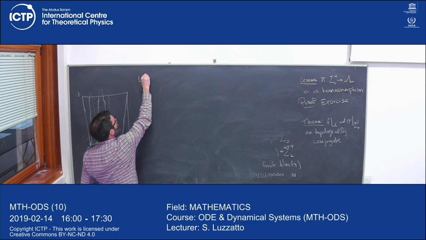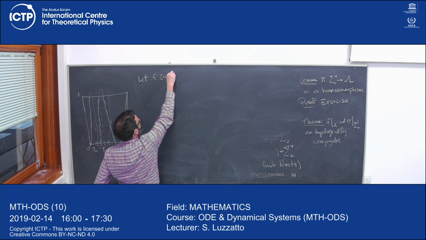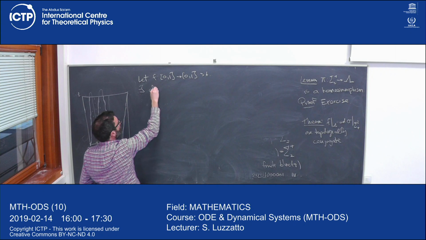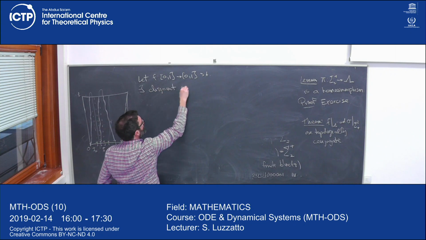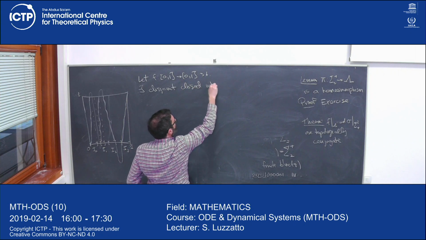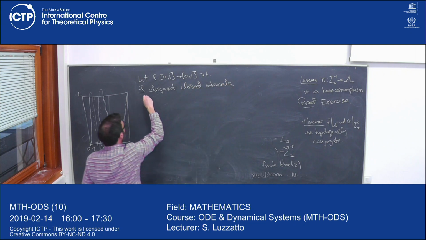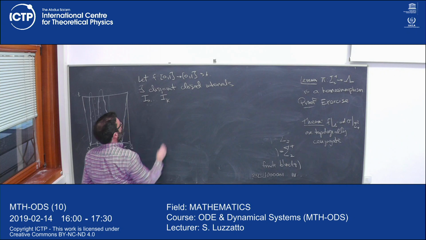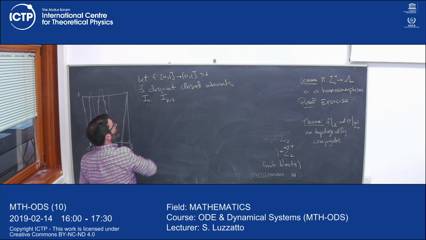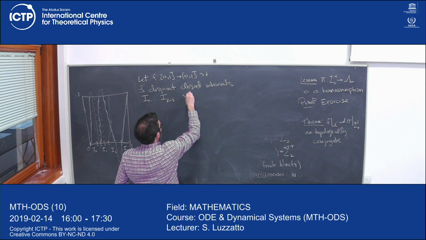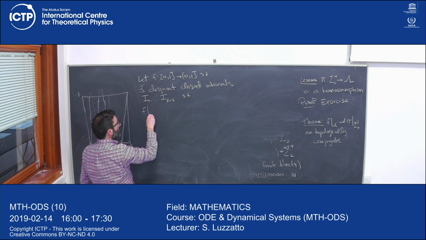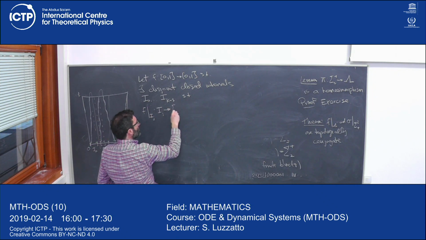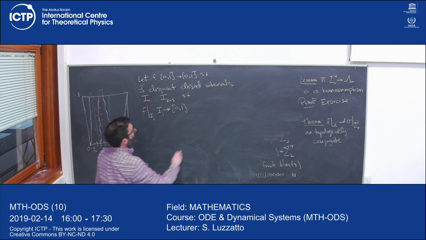So let F from [0,1] to [0,1] be such that there exist disjoint closed intervals I_0, ..., I_{k-1} such that F restricted to each of these I_j, from I_j to [0,1], is a diffeomorphism.